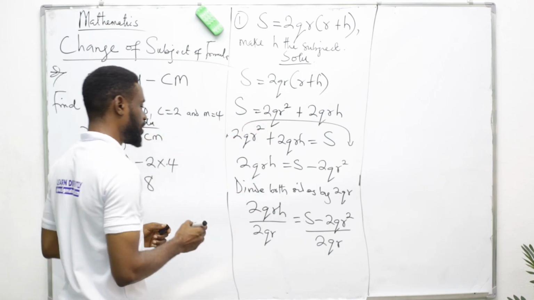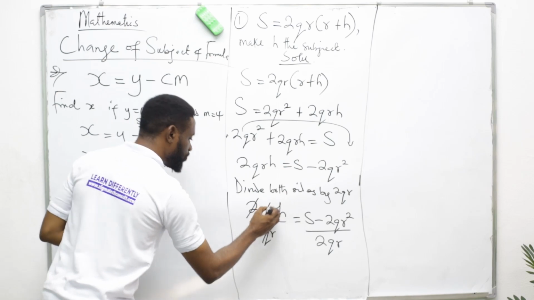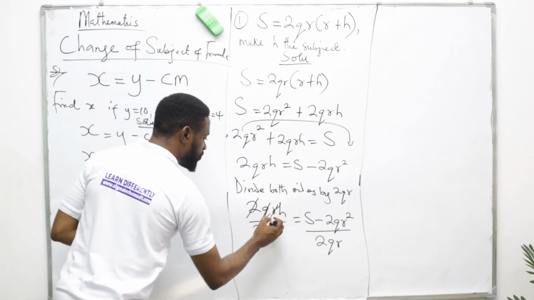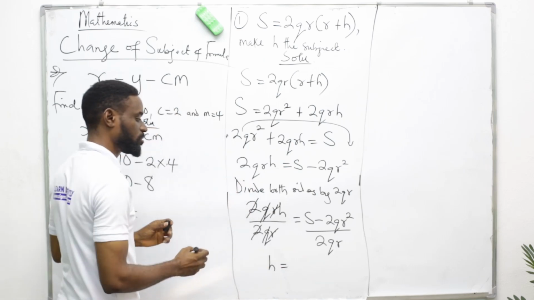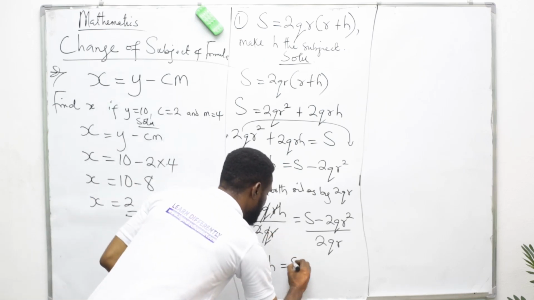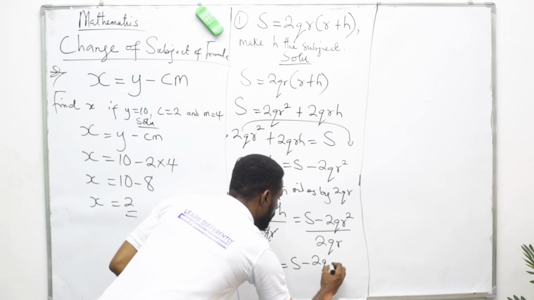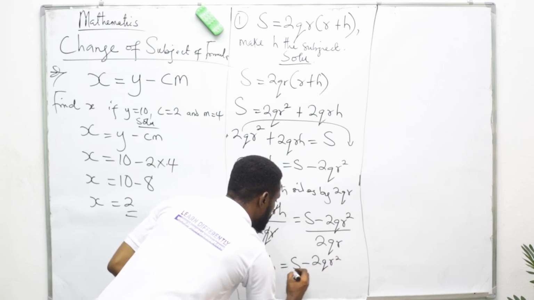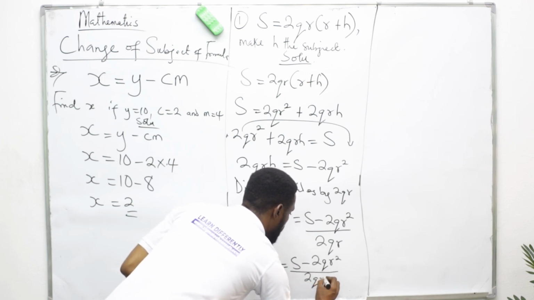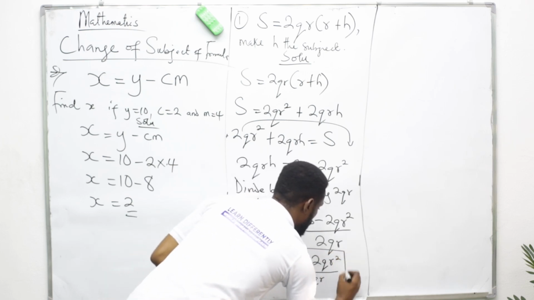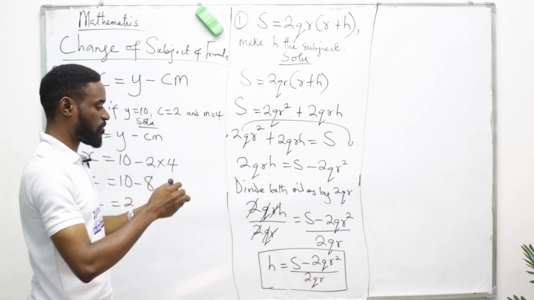So 2 removes 2, Q removes Q, R removes R, H is now alone to be equal to S minus 2QR squared divided by 2QR. So we have made H the subject of this formula now.